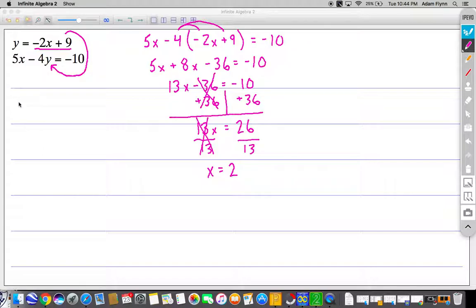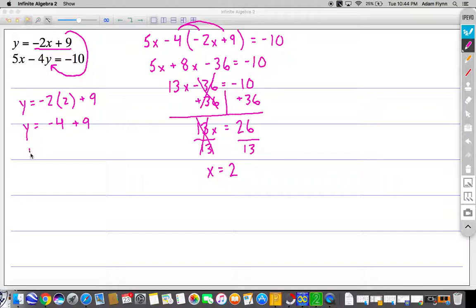So I'll plug it into the top, so I get y equals negative 2 times 2 plus 9. So just replace this x with this 2. So when I evaluate this, I get y equals negative 4 plus 9.